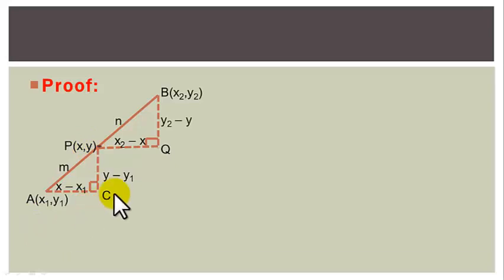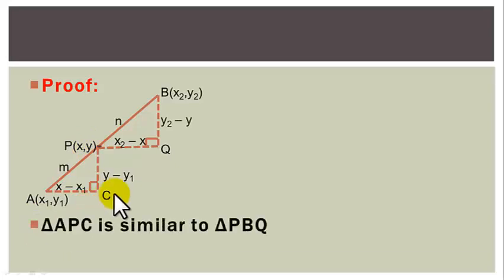Clearly, triangle APC is similar to triangle PBQ since they are equiangular. That's the corresponding angles are equal.